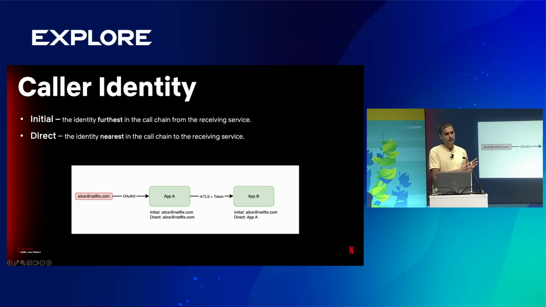We propagate the multiple identities along the chain for each of these applications. So for example, application B is able to see that the initial identity of the caller is actually Alice, but you can also see what the direct identity is, which in this case would be app A, because that's the one that made the call to application B.